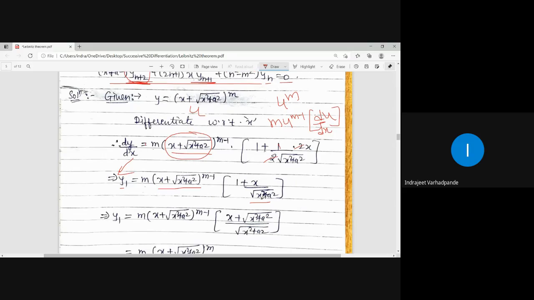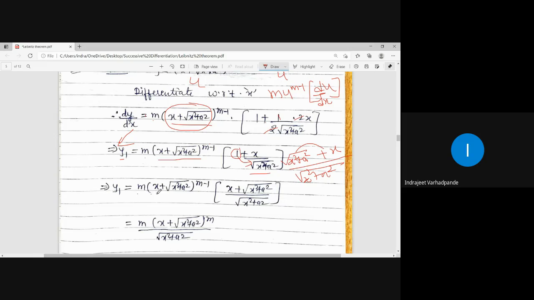Now take the LCM. With a common denominator, this 1 will be multiplied by under root of x square plus a square, so under root of x square plus a square plus x, upon under root of x square plus a square, right? But x plus under root of x square plus a square is the same, as in addition you can write a plus b or b plus a, one and the same thing.